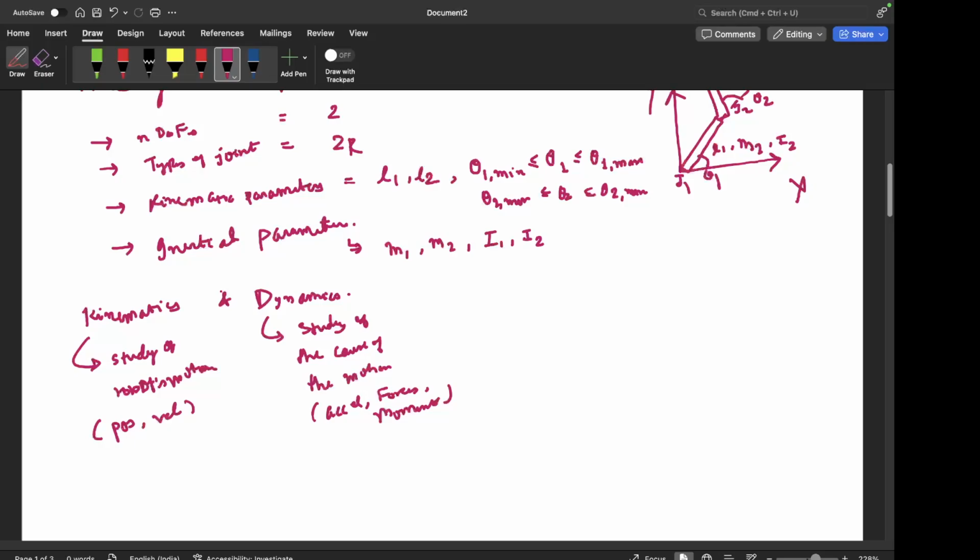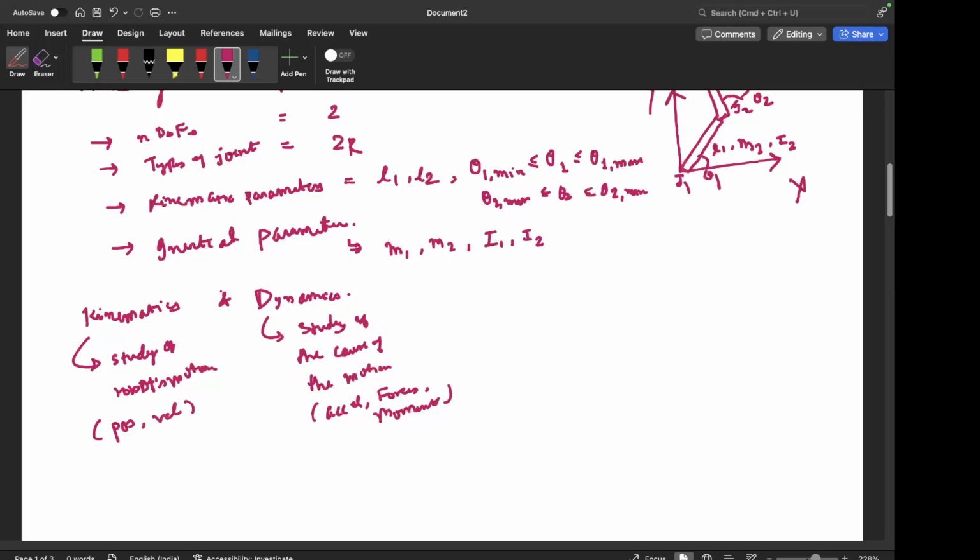So when I say that I'm doing a kinematic analysis of a robot, I am trying to find relations which relate the degrees of freedom, my independent variables, to how the end effector or any point of interest on the robot is changing its position and velocity. And when I say that I'm doing a dynamic analysis or dynamic modeling of a robot, I am deriving relations which relate, if I have to accelerate a certain link, what forces or torques I need to apply on the joints.